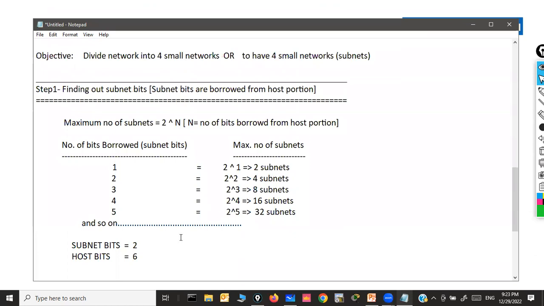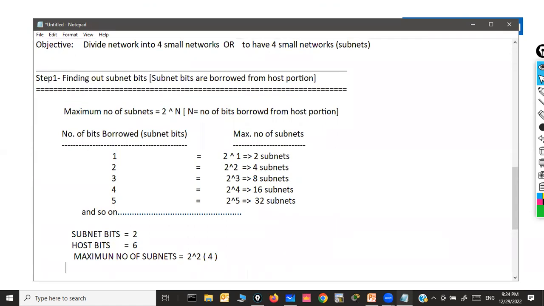From here we can draw another conclusion: the maximum number of subnets will be 4. And why 4? Because 2 bits, so 2 raised to the power 2 equals 4.